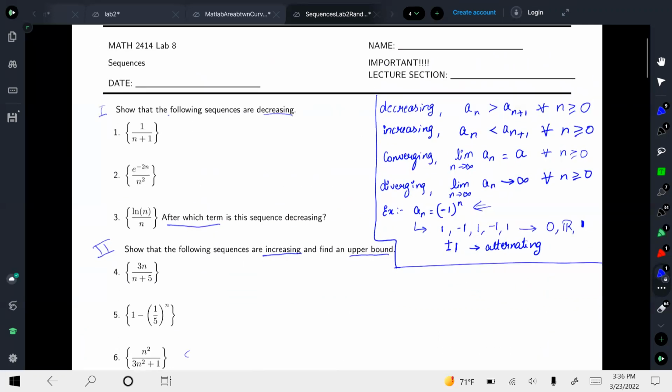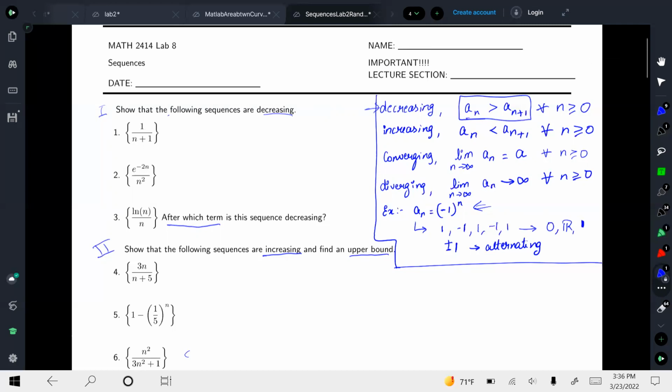Now, I will not be doing the exact same problems given in your lab manual, but I will be doing similar ones. Before I get into the problems, let me give you some idea about what we are doing today. If you want to show the sequence is decreasing, then you need to show the inequality is true.